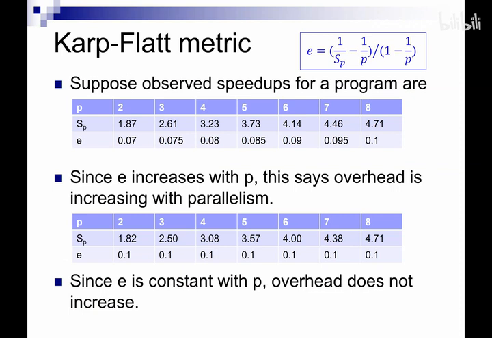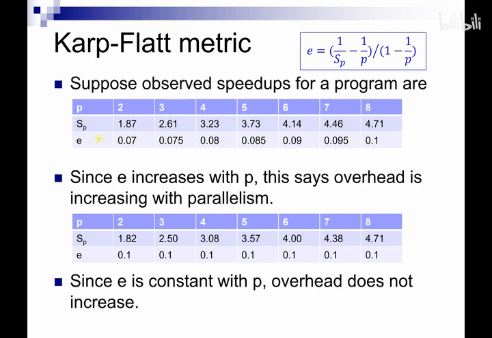Suppose you have a program where you run it and vary the number of processors, using 2, 3, or more processors, and then you measure the speedup as you use these different numbers of processors. Then you can just plug this SP value into the E expression to get the value for E. If you do that, you're going to see that the E values are something like 0.07, 0.075, and so on.